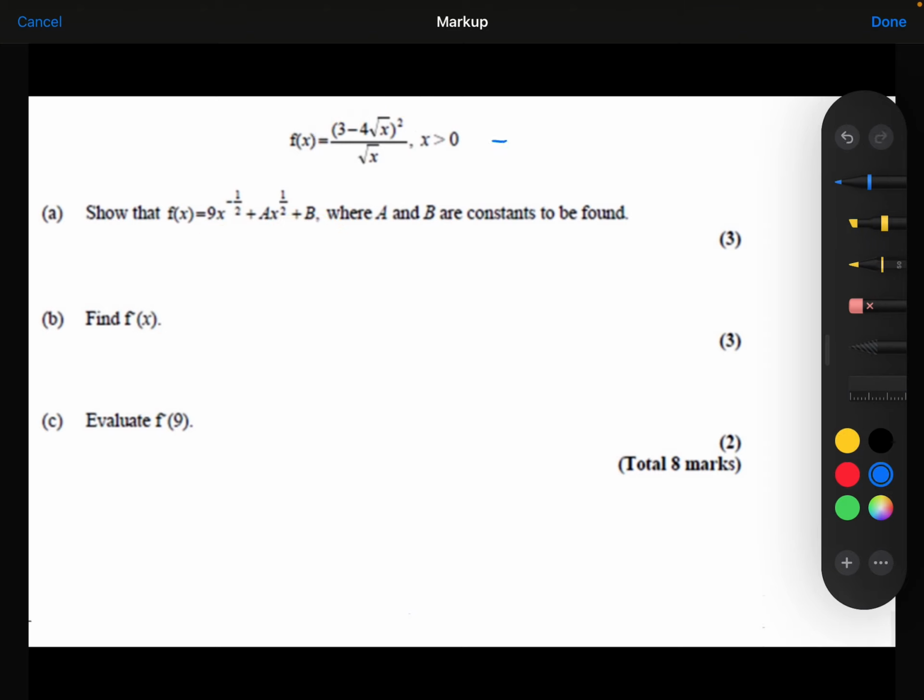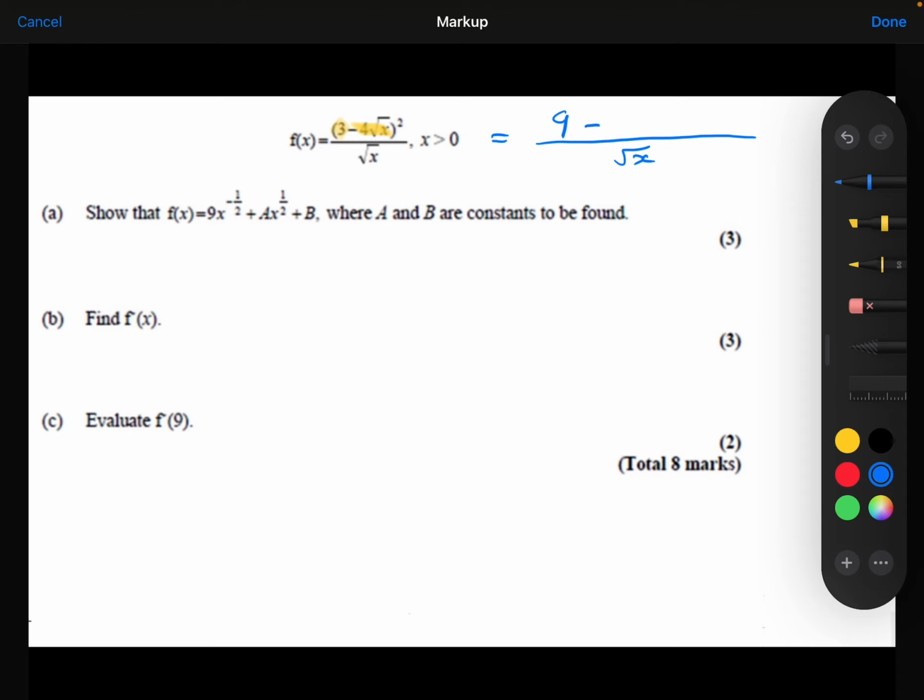So first thing I'm going to do is expand the brackets on the top here, and then afterwards we'll divide everything by the root x. So when we do the 3 squared, we'll get 9. Then we're going to do the 3 times the minus 4 root x, which would be minus 12 root x.